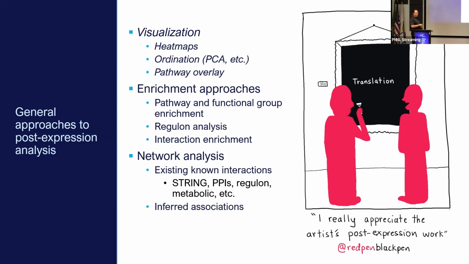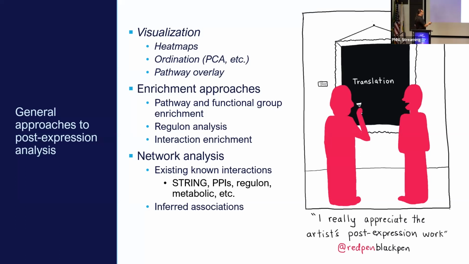Another thing that I'll touch on is it's related, it's network analysis. And this is a way that you can represent the differentially expressed genes, or the genes that you're getting out, as a network or a graph. And there's a couple of different ways to do that. One is by using existing knowledge frameworks, protein-protein interactions, other kinds of associations, and kind of combining that with your differential expression.